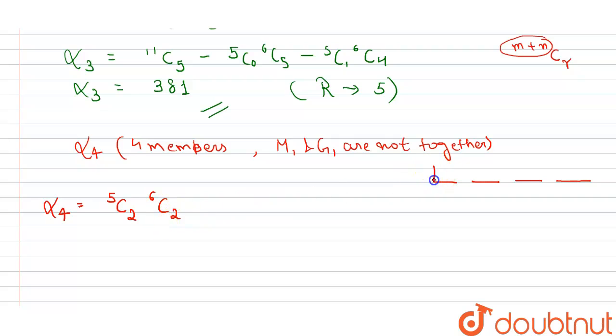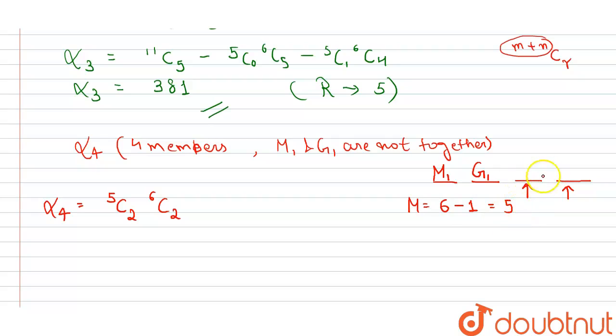And let us suppose that M1 and G1 are in this group. Now we have to select these 2, and in these 2 positions there is 1 boy and 1 girl. The total number of boys we have is 6, so 6 minus 1 gives 5.